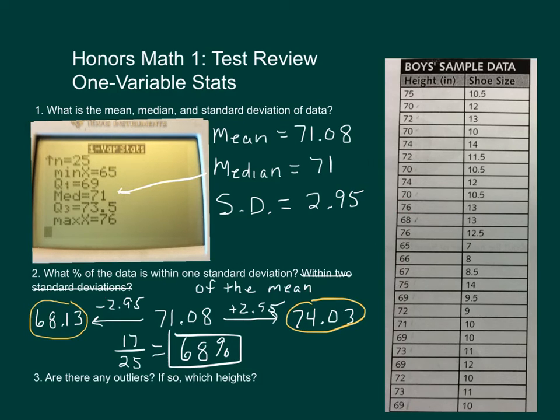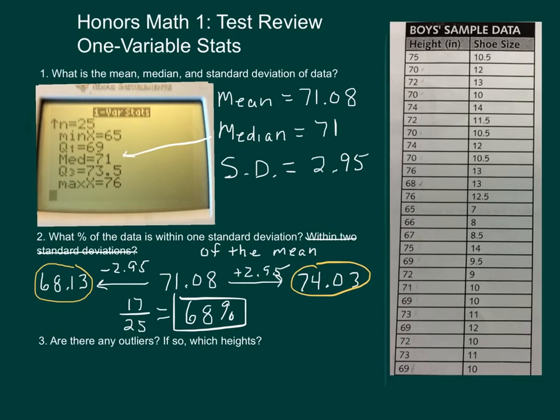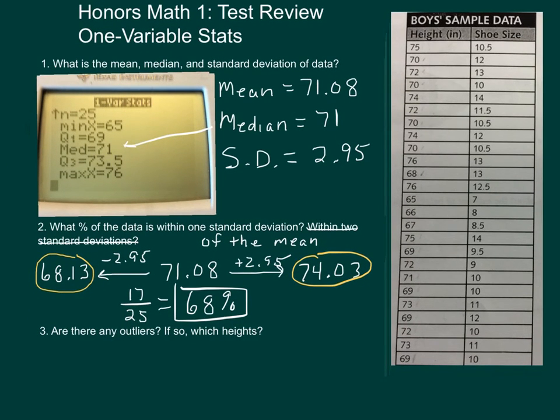So, outliers. For outliers, you take 1.5 times your IQR. Now your IQR is your interquartile range. That's the range from Q3 to Q1. Your calculator already has that.